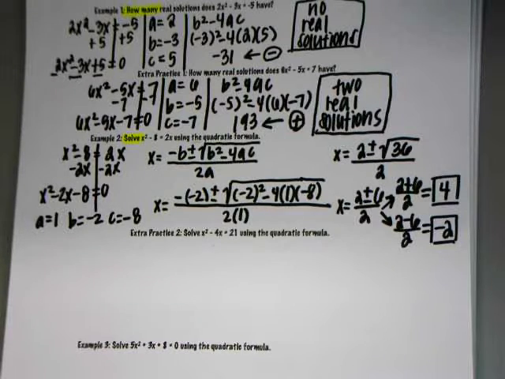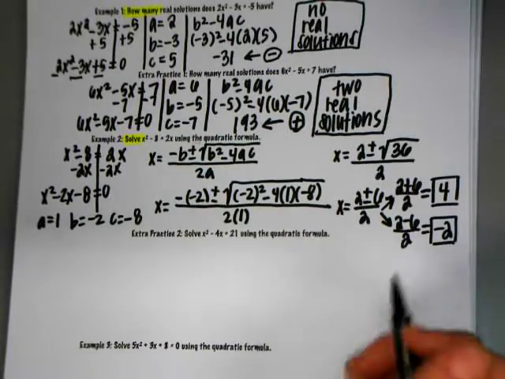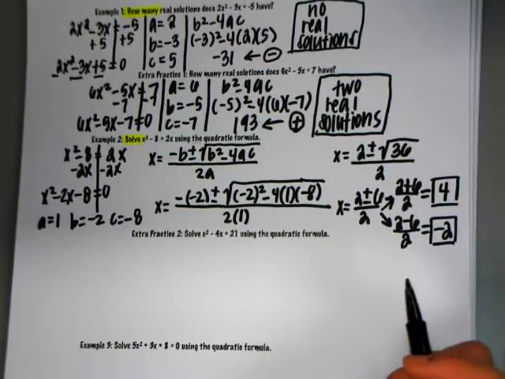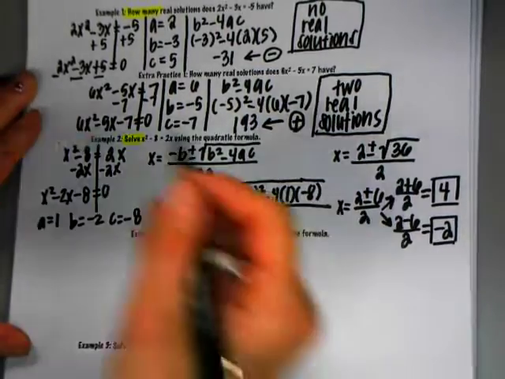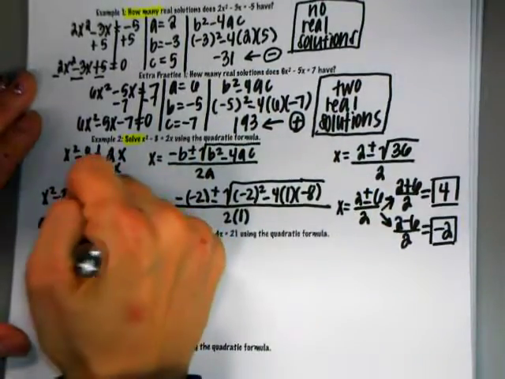All right, guys, we're going to go over it just for the sake of time. Okay, for this one, we have x squared minus 4x equals 21.